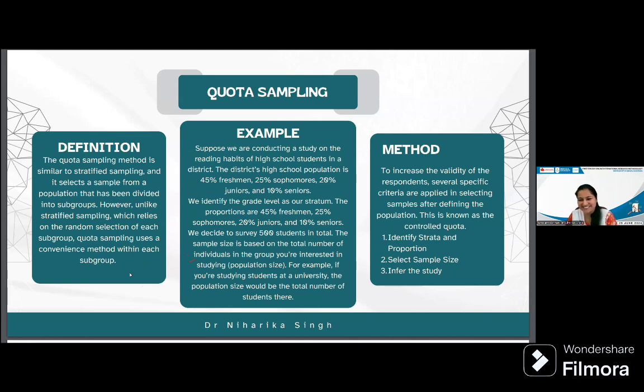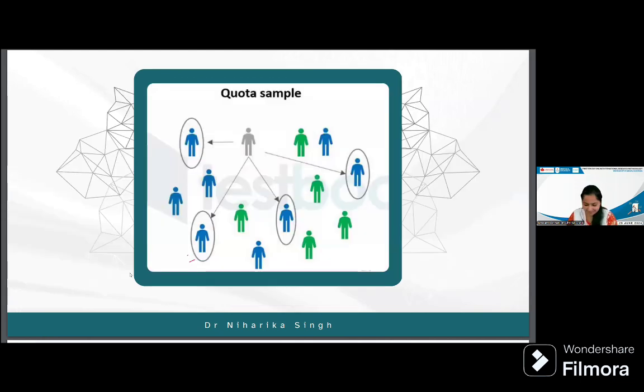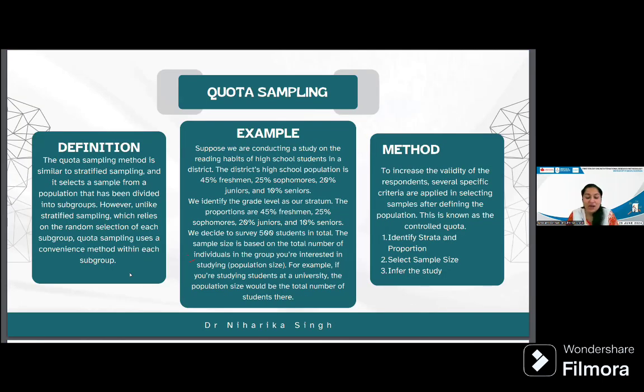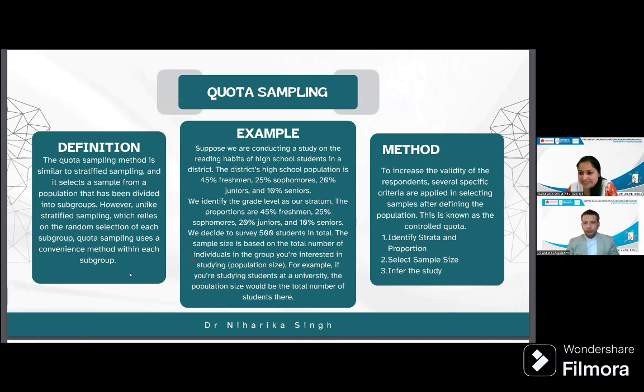Sure. So I think this is the last slide, quota sampling. This is the last kind of non-probability sampling that we are dealing with today. Now, why is it called quota sampling?